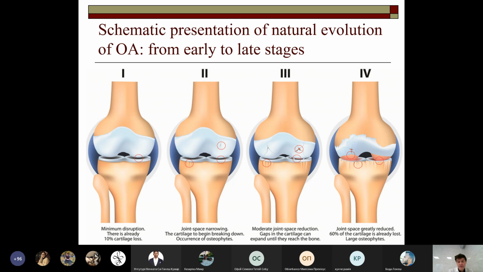The modular joint space reduction on stage 3 is frequently associated with gaps in the cartilage, and all this proof can be clarified clearly at this stage. And be sure this stage is completely unsolved, regardless of the methods you choose to apply for these patients.